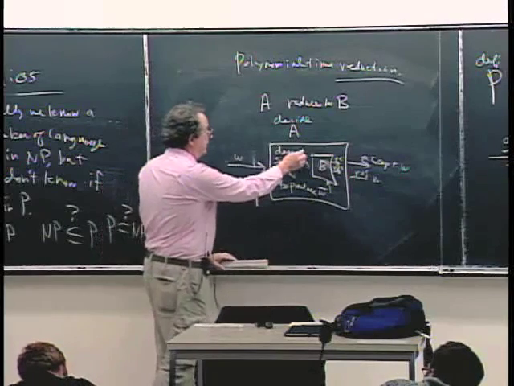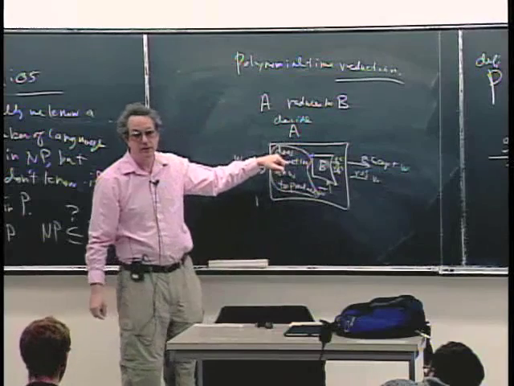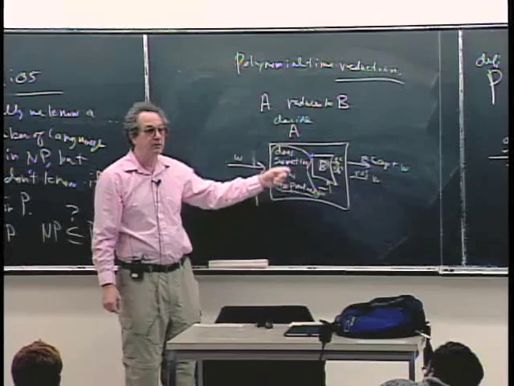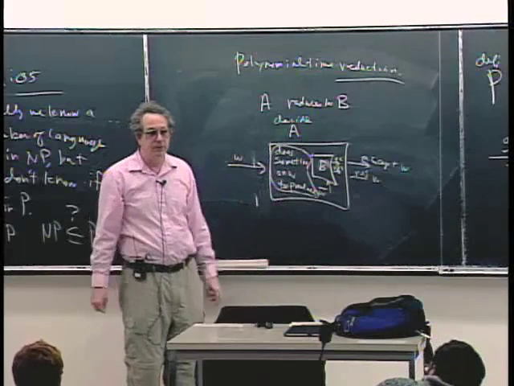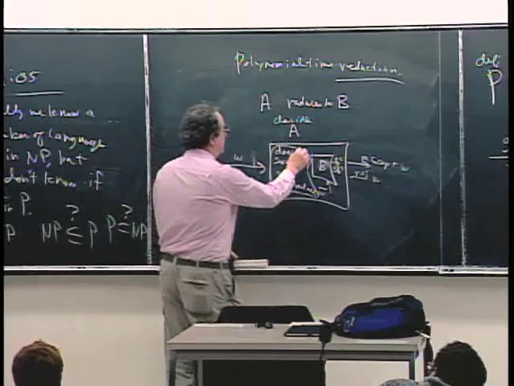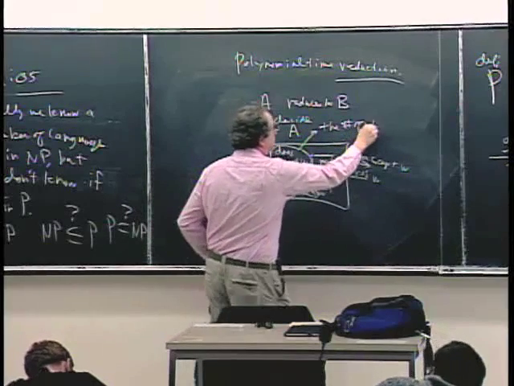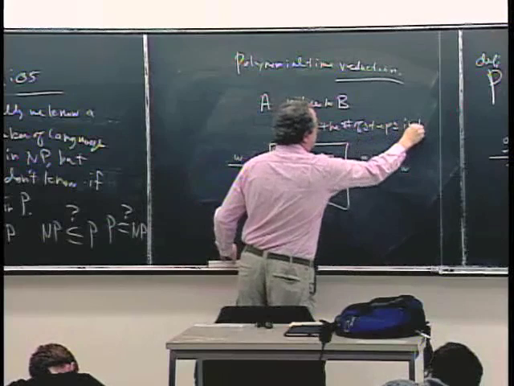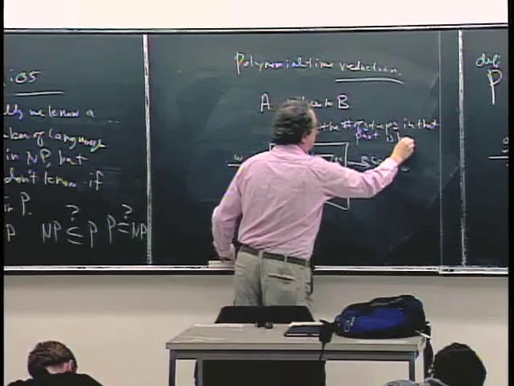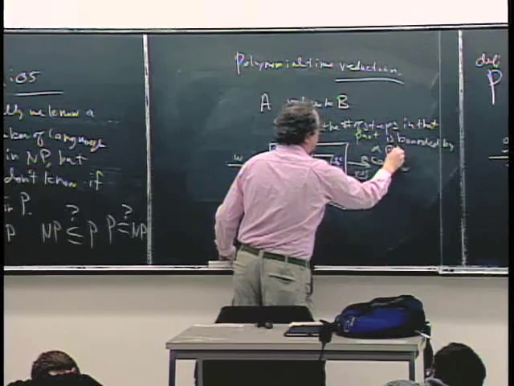But this stuff in here, this do something, that has to be done by this Turing machine A. But we never said it had to be done fast. We just said you have to show how it can be done by a Turing machine. And now we want to add on the requirement that the number of steps in that part is bounded by a polynomial function.